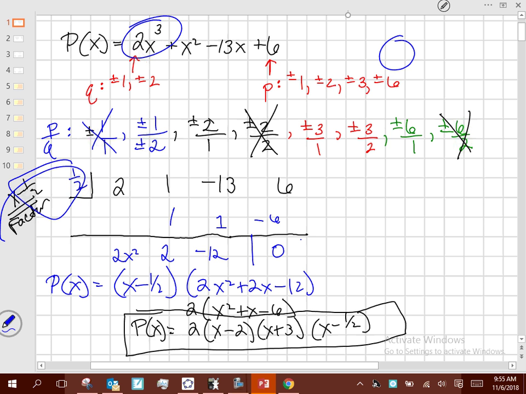Now that 2 that I took out can't just disappear, because it is applying a stretch to my function, right? But if you want to leave it out front, that's fine. I like to leave it out front. I like all my coefficients in these binomials to be 1x. But if you want to multiply this out and say, well, it's 2x minus 1 right here, that's fine. If you want to put it in here, it's 2x minus 4, that's fine.